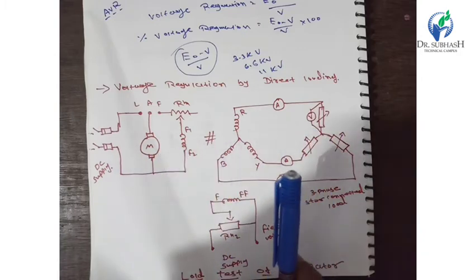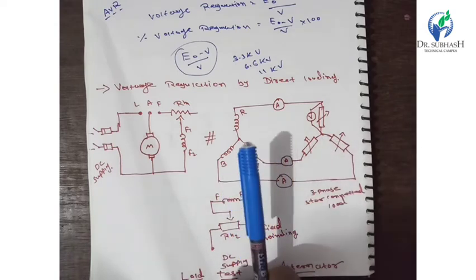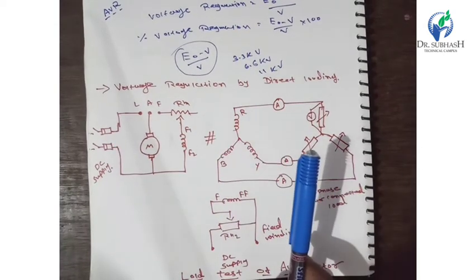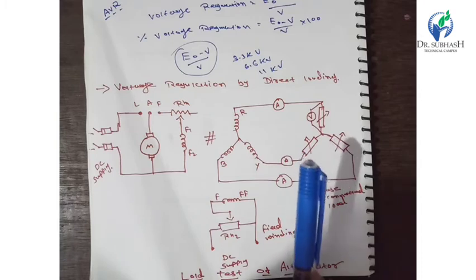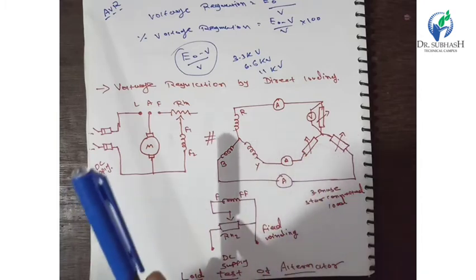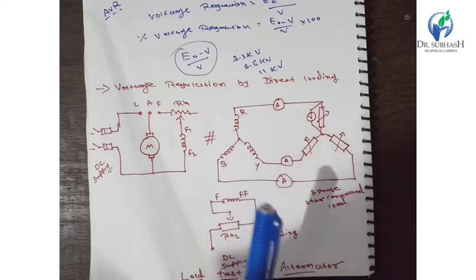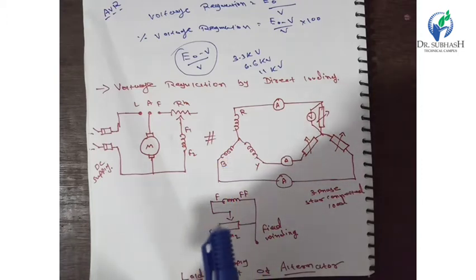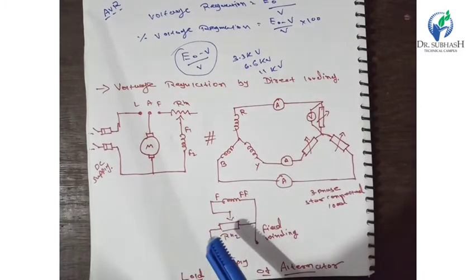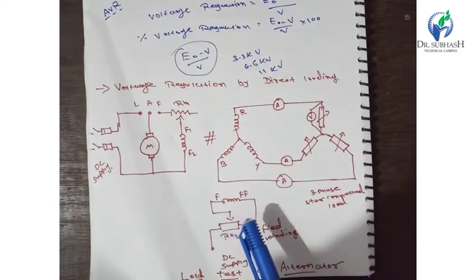Now for the voltage regulation by the direct loading test method, the three-phase alternator supplies electrical power in synchronism with other alternators in a large-scale power system. It is necessarily working at the system voltage and frequency.